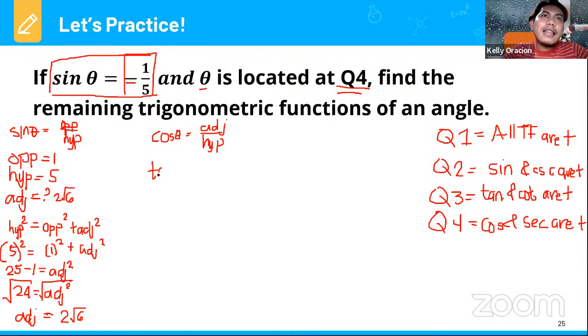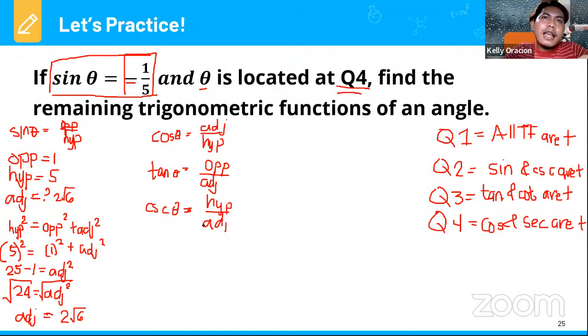Then tan theta is opposite over adjacent. Next, the cosecant. These are the remaining 5 trigonometric functions that are not given. Cosecant theta is hypotenuse over opposite.